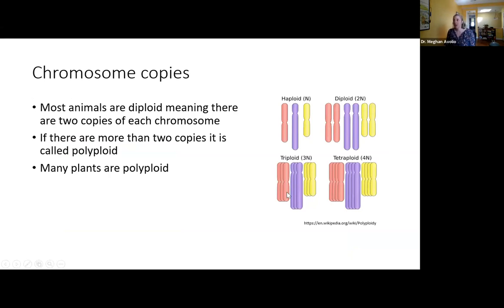There can be triploid, 3 copies. There can be tetraploid, 4 copies. As I said, most animals are diploid, but plants are crazy and can do anything. I work a lot on Andropogon gerardii, which is big bluestem, and big bluestem can have 6, 7, 8, or 9 copies of its genome. So it's a polyploid, and the degree of ploidy really varies among individuals.